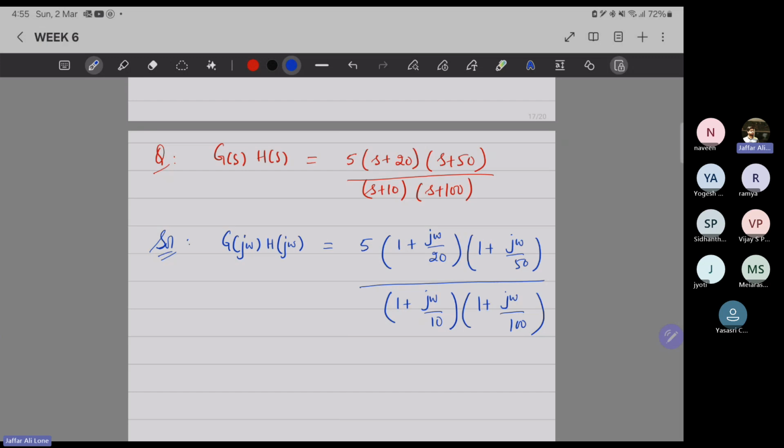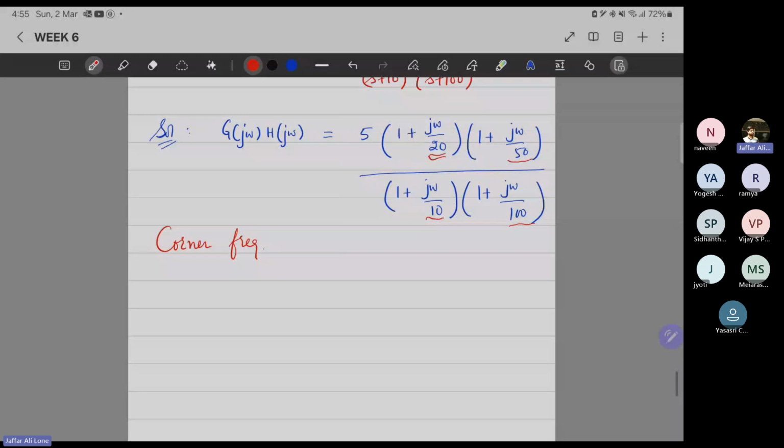Right? So first of all, what you have to do, you have to write the given open loop transfer function in time constant form by taking some factors common, right? And then putting s equal to j omega. Then whatever terms you are getting in the denominator in this form, they are called corner frequencies, right?